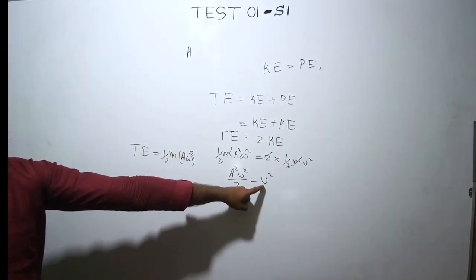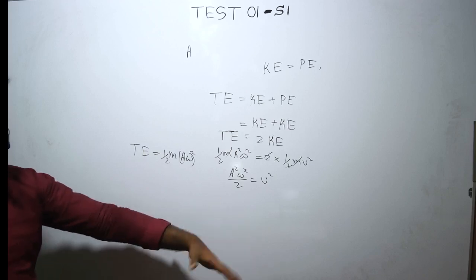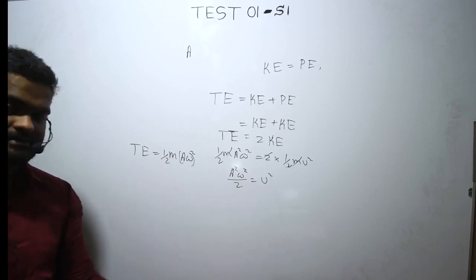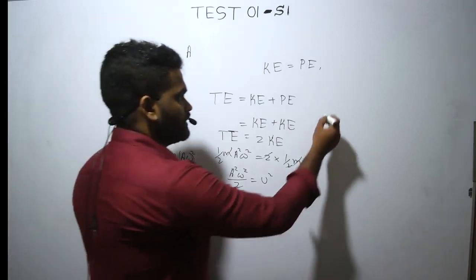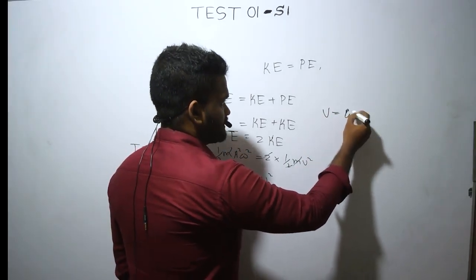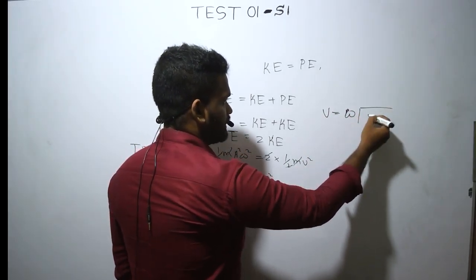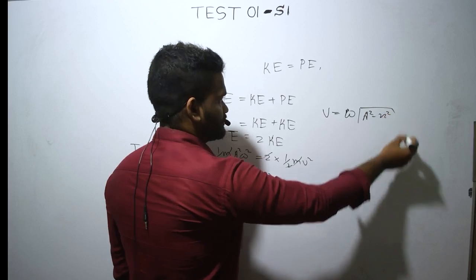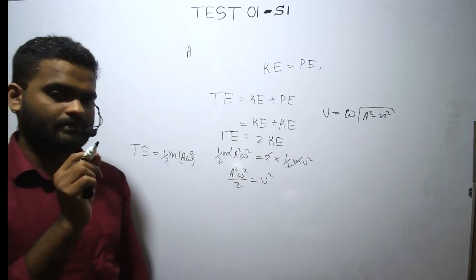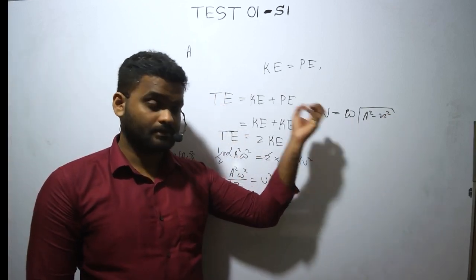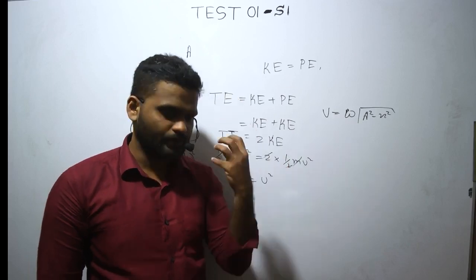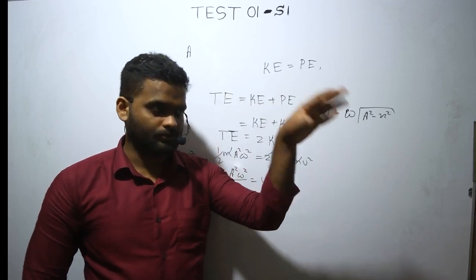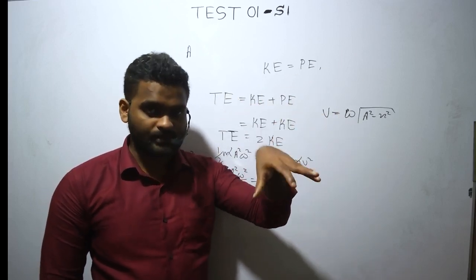Instead of this v, you have to write that in terms of a, omega and x, right, in order to get the answer. So we know this equation: v is equal to omega times the square root of a squared minus x squared. You need to have a great memory of this equation, right? Once you recall, you should be able to imagine that equation, right?